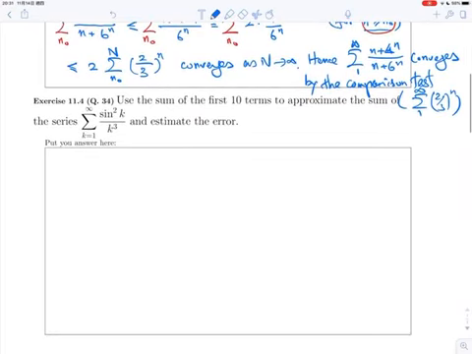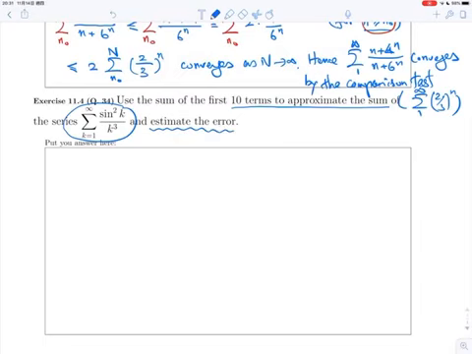The next example is to try to consider whether this is going to converge, and if it converges, you use the first 10 terms to approximate the converging series and see how big the error term is.